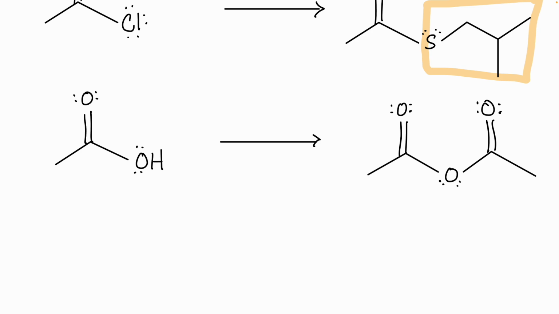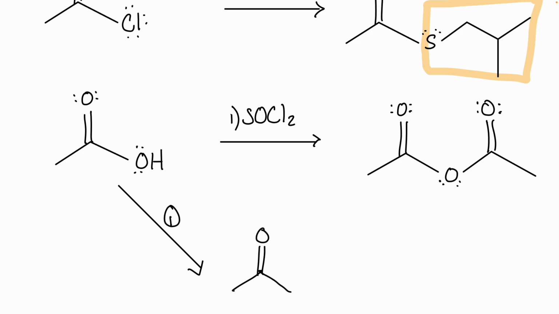The SOCl2, right? So we can get away with it if first we convert this thing to an acyl chloride. And then what would we need to do for this next step here? Remember this was our one exception where we would have to use that negatively charged version of our nucleophile.